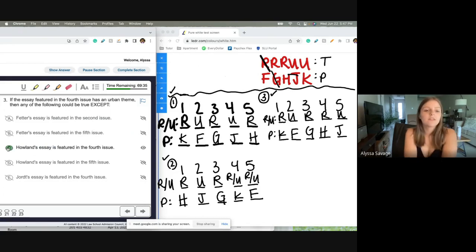So it makes C our answer, because H in the fourth issue doesn't happen in either of those worlds. When it's the urban theme for 4, I can't have H with it. Got it.